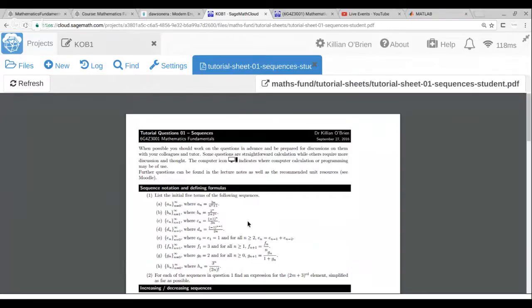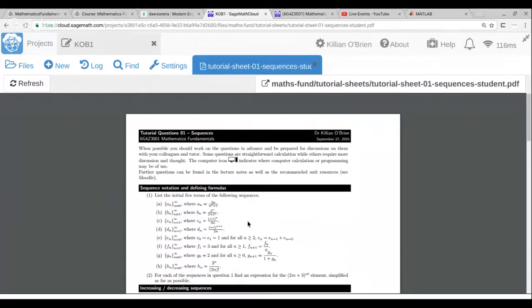Just be comfortable with evaluating the formula and reading the definitions. We've got some formula type sequences, and then some recurrence relations, where the element in the sequence is defined in terms of the previous ones.